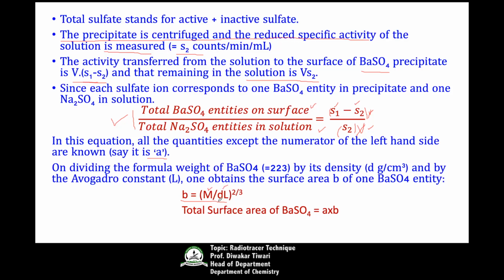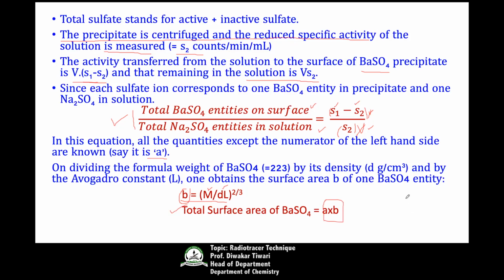If you put in all these values, one can get the value of B. Once the total number of entities A is known and one entity's surface area B is known, the total surface area is A into B.